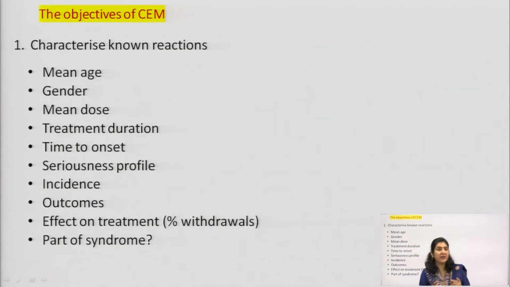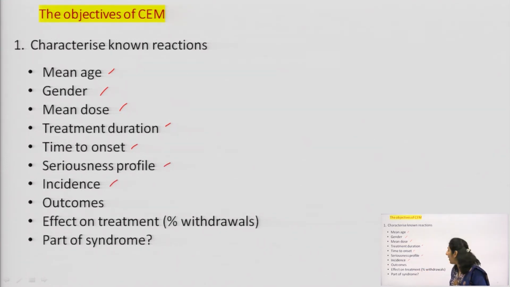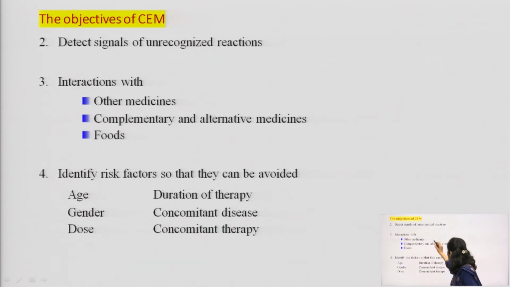So, objectives are to characterize known reactions: in which particular age the ADR happened, what was the gender, what dose was given, what was the treatment duration, what was the time to onset, what was the seriousness profile, in how many people the incidence occurred, what was the outcome of the drug, whether patients withdrew the drug, so whether any new syndrome came because of that drug. Detect signals of unrecognized reactions, it can tell you the interaction with other medicines, it can tell you the interaction with complementary alternative medicine, it can tell you food drug interactions, it can help in identifying the risk factors so that they can be avoided.